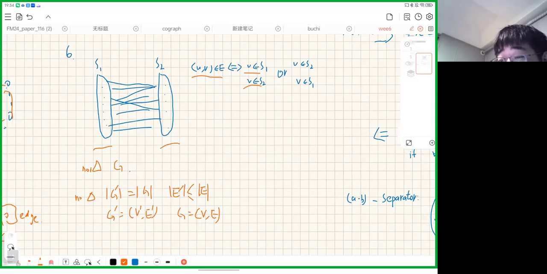I can try to prove this by trying to construct it. First, we randomly select a vertex V in G and put it in S1. Then I put all the neighbors of V in S2, and then the other vertices in S1 and S2 by repeatedly doing this.